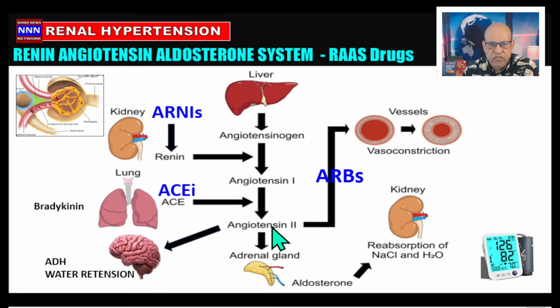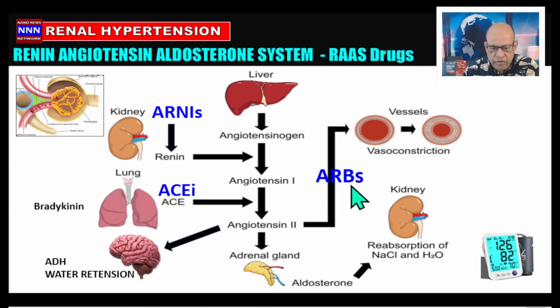thus preventing the formation of angiotensin 2. However, the ACE inhibitors also cause bradykinin release, which can cause a dry cough, which most of you are familiar with, especially in the lungs. And since these angiotensin converting enzyme inhibitors work in the lungs, that's where the problem arises.